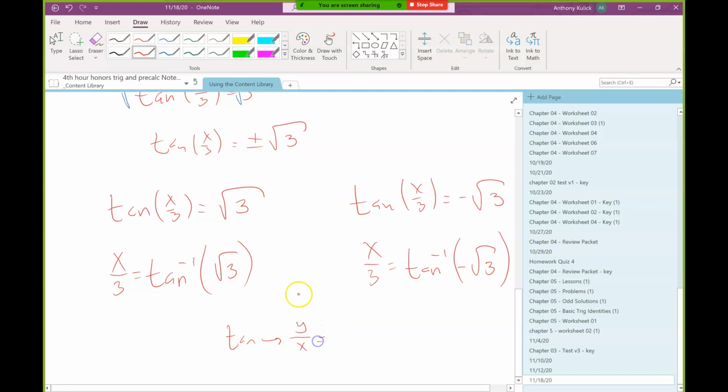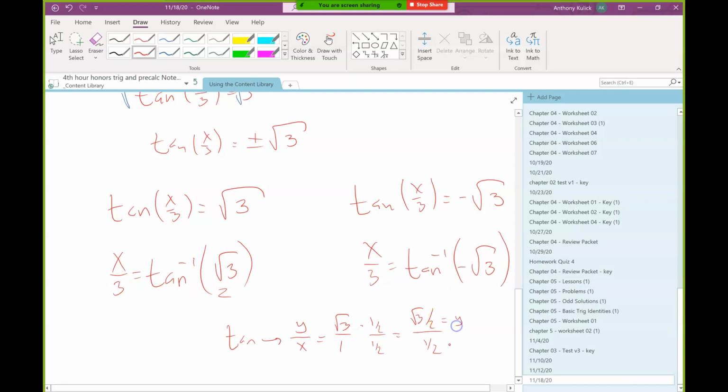So in our case, if we're looking at the positive square root 3, that would imply that y over x is equal to the square root of 3 over 1. Now, the y being the square root of 3 and 1 being the x is not a coordinate on our unit circle. But if I multiply the top and bottom of this fraction by 1/2, I get root 3 over 2 over 1/2.